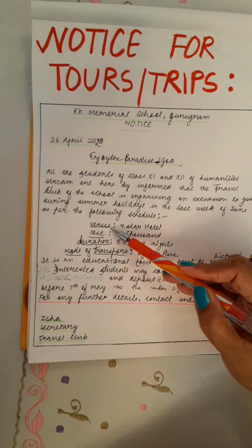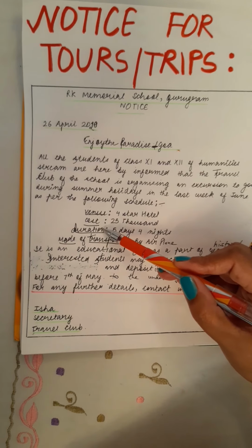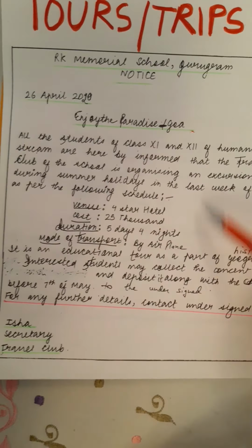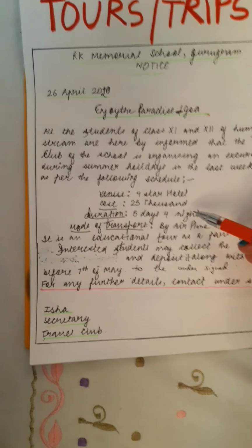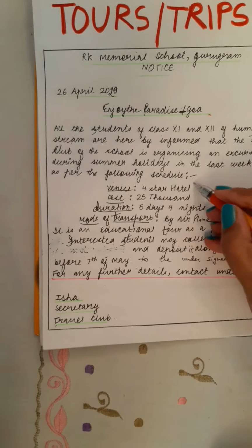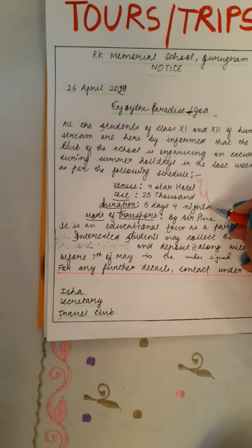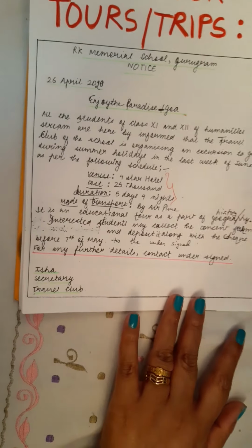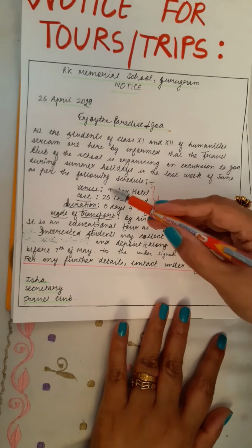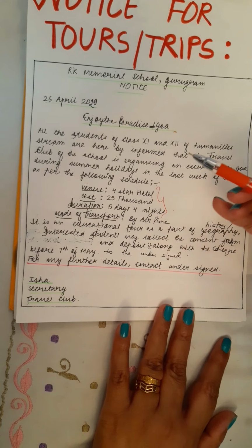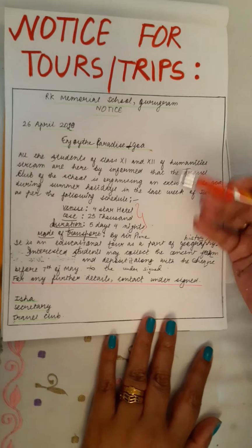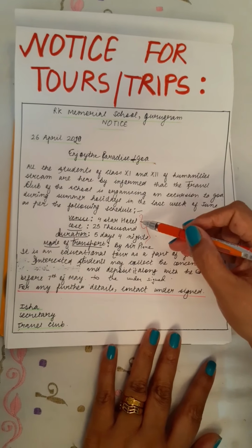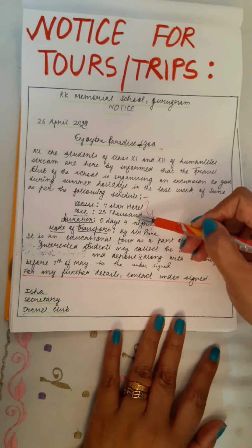So venue, cost, duration. We have mentioned all these things. These were the first relevant details which a reader wants to know. Means what would be the venue, which sort of hotel or which type of accommodation will be provided by the school, what will be the cost of the trip.